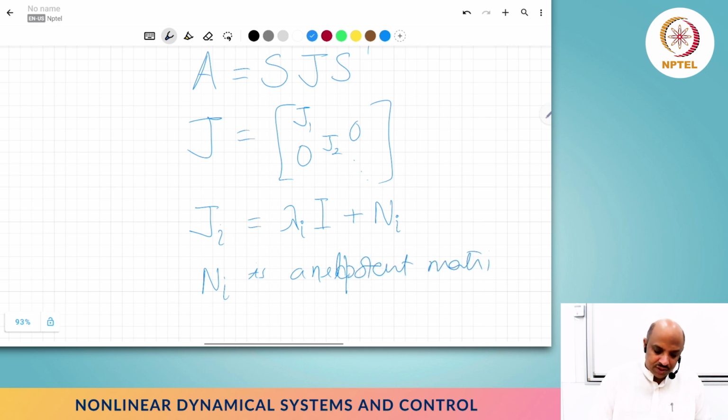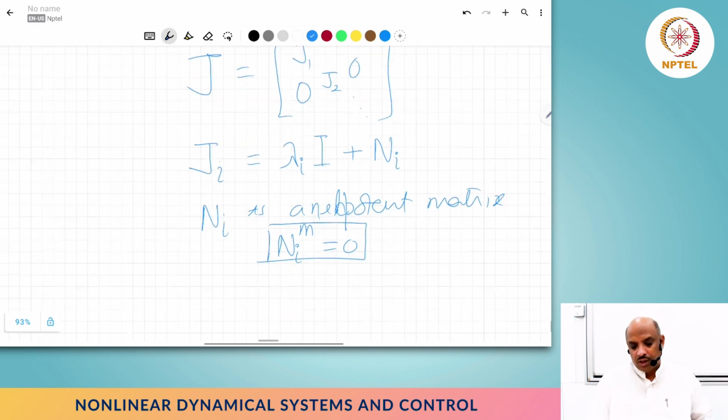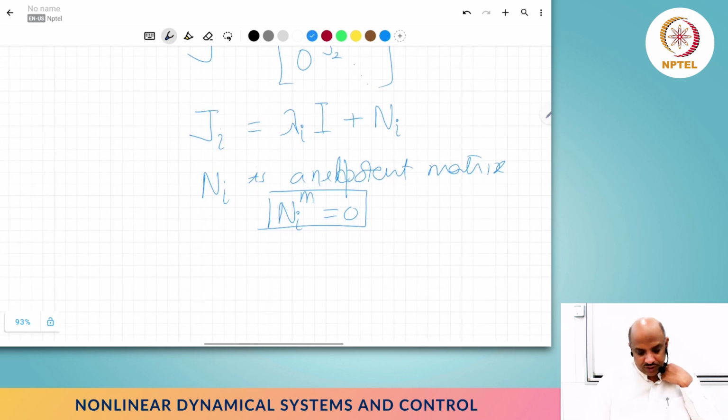What is a nilpotent matrix? A nilpotent matrix is something that when we take this and multiply it with itself some number of times, at some point it's going to go to 0, right? After that, of course, any more times you multiply, it will remain 0, right? Any such matrix is called a nilpotent matrix. One of the simplest and most beautiful or villainous nilpotent matrices is what we just considered earlier. This is a nilpotent matrix.